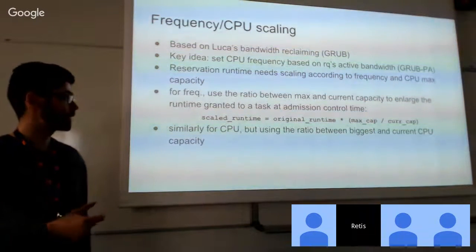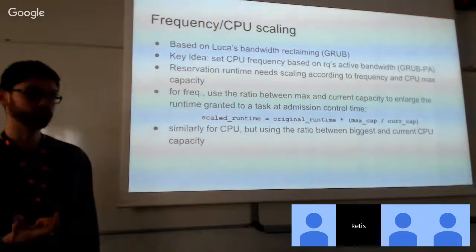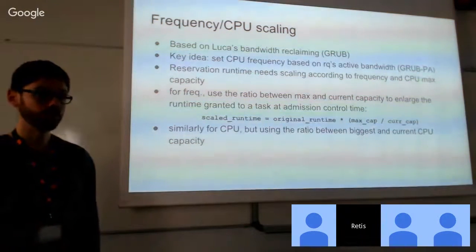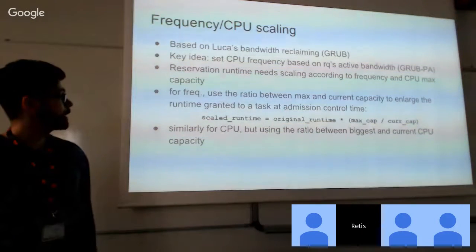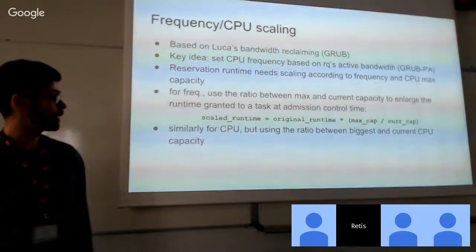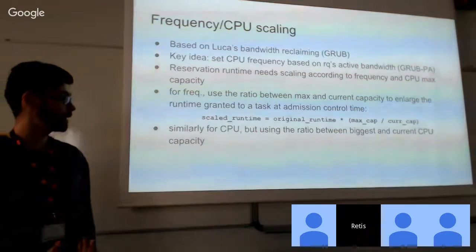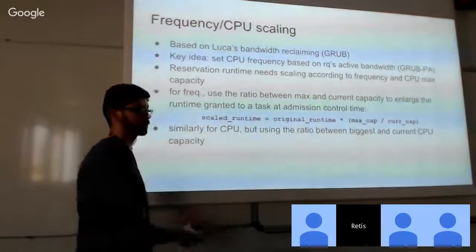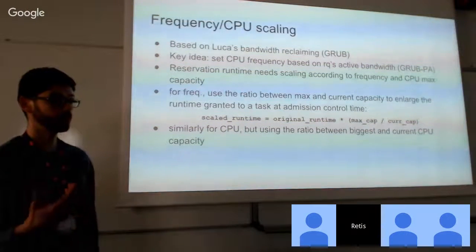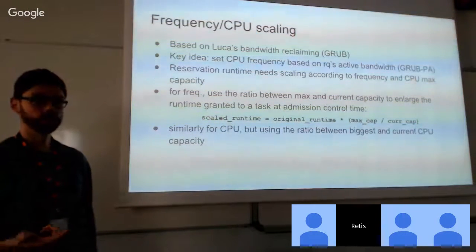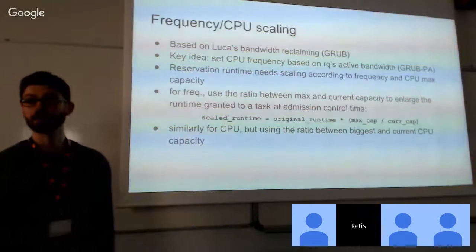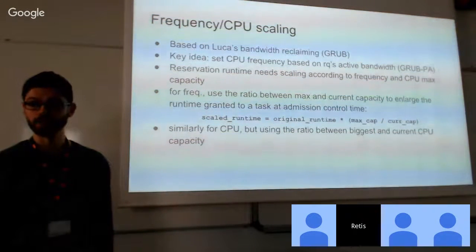What we want to scale is actually the runtime we provide to the task, so the amount of time the task actually has available to complete. The idea is pretty simple. So we basically scale the original runtime by a factor which is linear with both frequency and CPU, which is the same rough assumption we make when scaling the PELT signal.